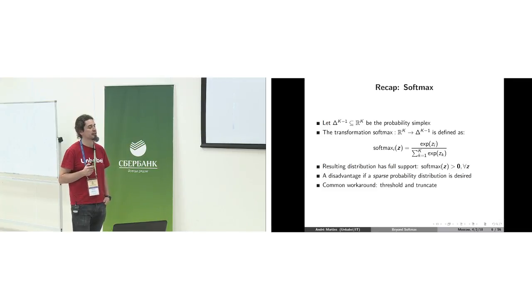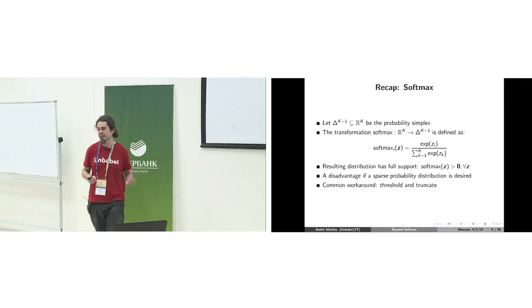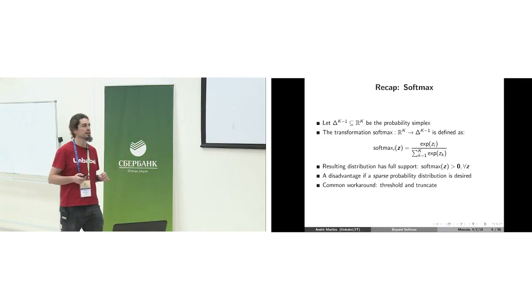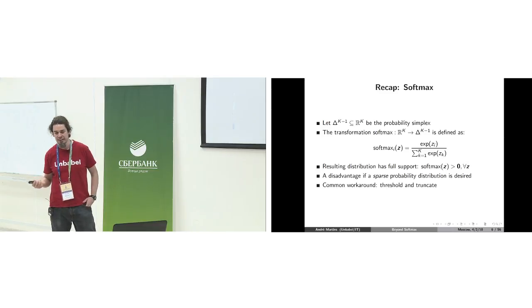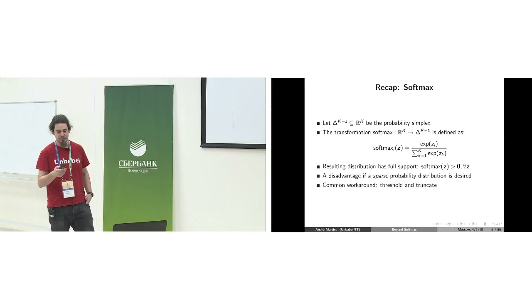But if we are working in a particular application where we would like to have a sparse probability distribution, for example, if we are dealing with a very large vocabulary and you want to assign exactly 0 probability to some words, then Softmax cannot do it. There are some hacks that you can do. Since this is a hackathon, maybe you like the hacks. You can threshold the probabilities, truncating, renormalizing everything, but it just doesn't feel like the most natural way of doing it.